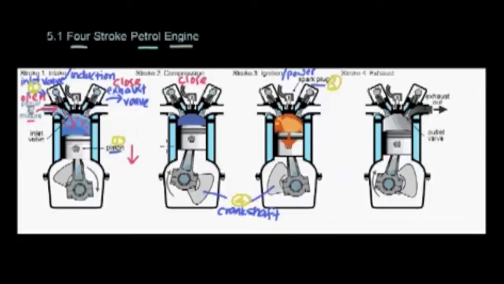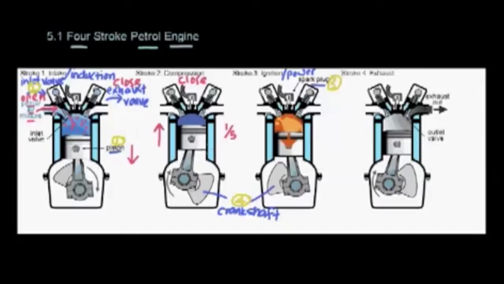When the piston moves upwards, it compresses the mixture of vaporized petrol and air to 1/5 of its original volume. And the high pressure will also increase the temperature of the mixture. And when the piston reaches its highest position, the spark plug will produce spark.